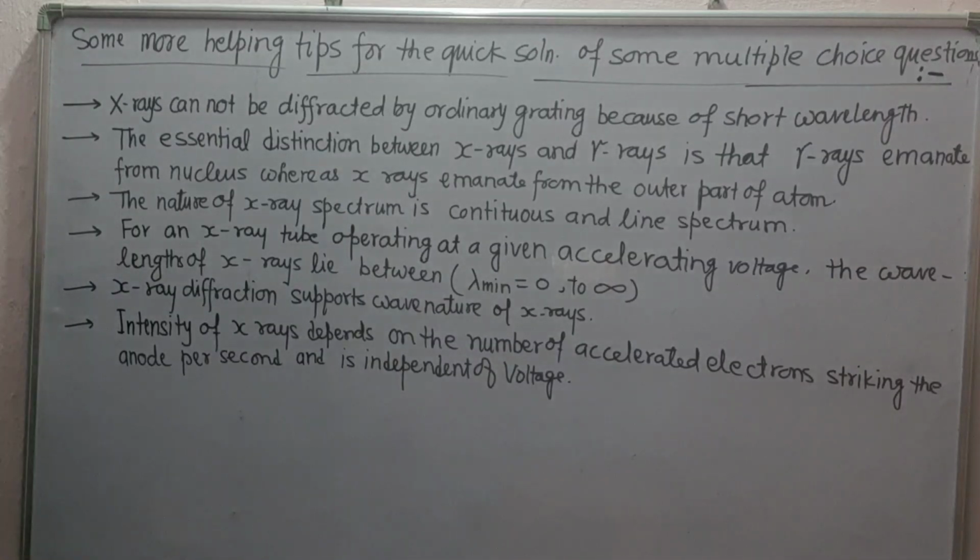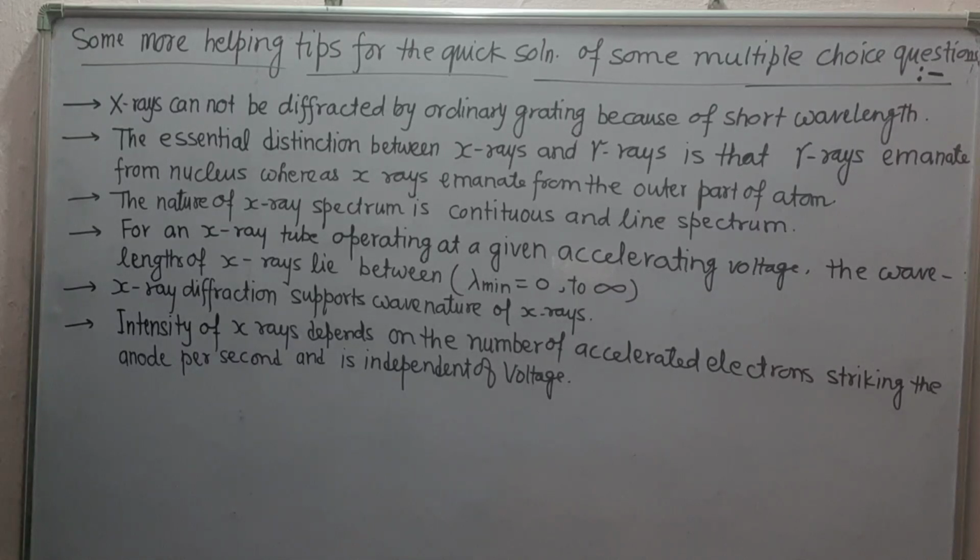Now, let us take some more helping tips for the quick solution of some multiple choice questions on X-rays. First, X-rays cannot be diffracted by an ordinary grating because of the short wavelength of X-rays. Next, the essential distinction between X-rays and gamma rays is that gamma rays are emitted from the nucleus, whereas X-rays are emitted from the outer part of the nucleus.